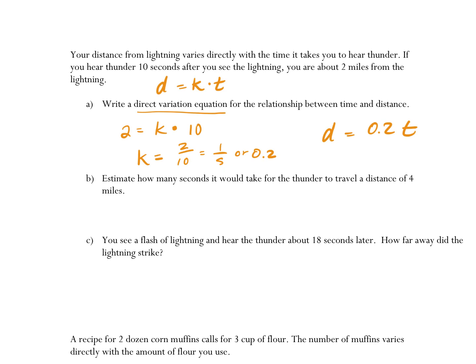All right. Now that we have this, estimate how many seconds it would take for the thunder to travel 4 miles. So we'd say 4 equals 0.2 t.